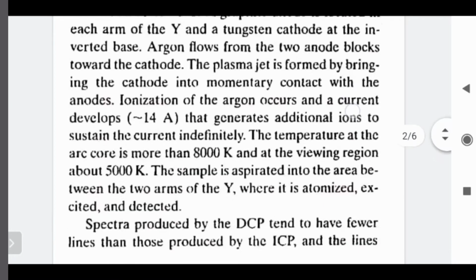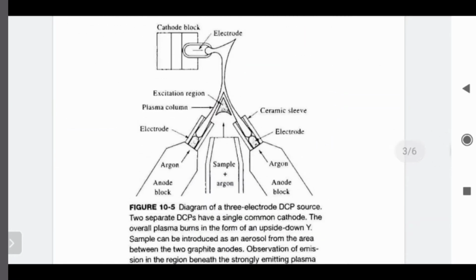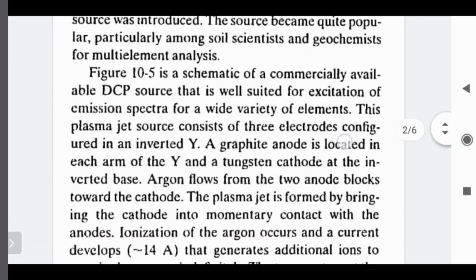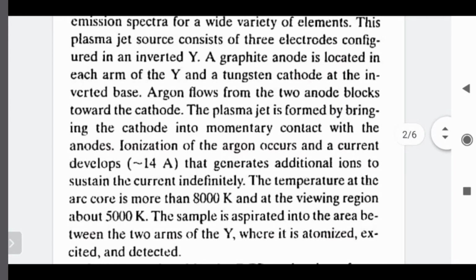So the arrangement of the anode and cathode is in such a way that it looks like an inverted Y shape, where the anode blocks are made up of graphite. A graphite anode is located in each arm of the inverted Y shape, and the tungsten cathode is at the vertex base. So there are two graphite anodes and one center tungsten cathode.